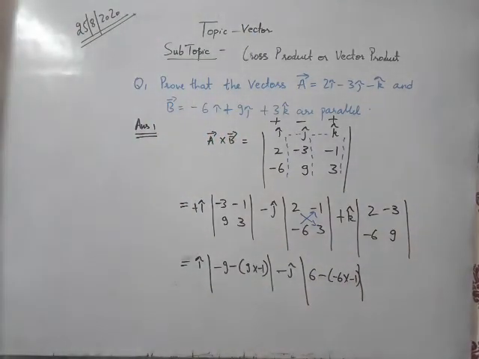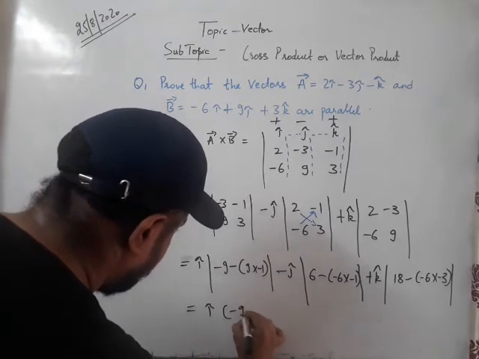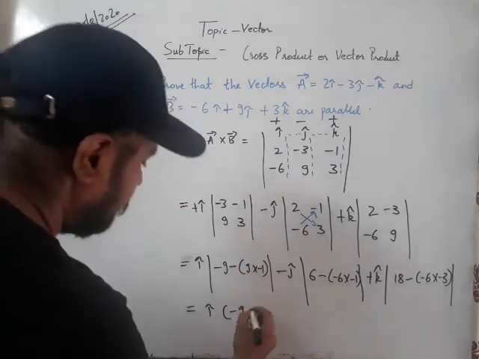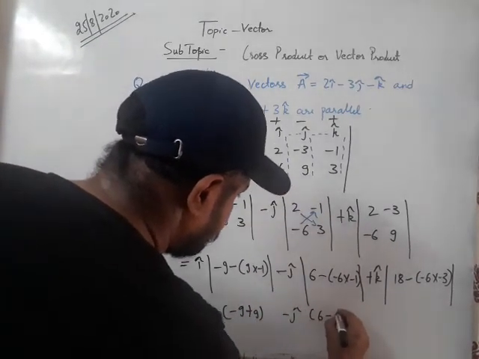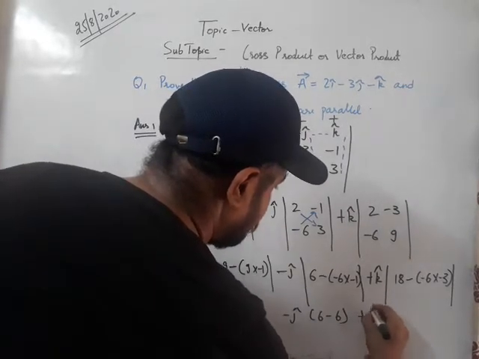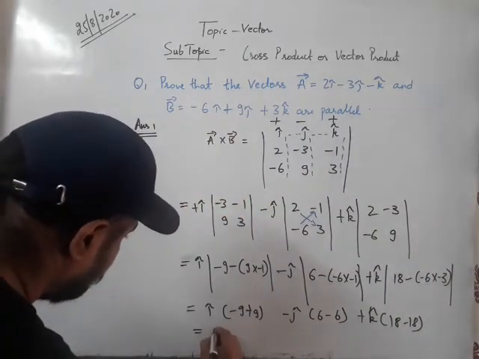And last is with the K, plus K cap, and it will be 18, minus of minus 6, minus 3. Now we will be finding out all the values. I cap: minus 9 over here will be plus 9, minus J cap: 6 minus 6, K cap: 18 minus 18. So that will be equal to 0.